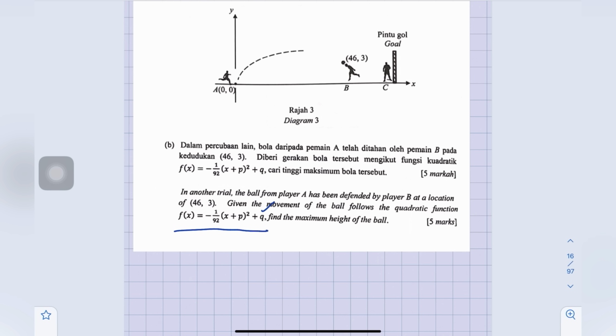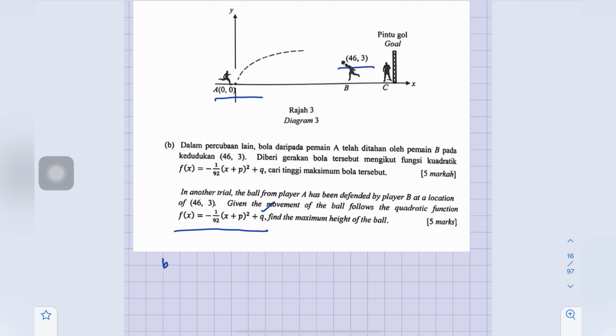Before that, we need to find the value of p first. To find two unknowns, p and q, maybe we can use simultaneous equations. The idea is we have two points here, (0, 0) and (46, 3), so we can substitute into the function to create two equations.